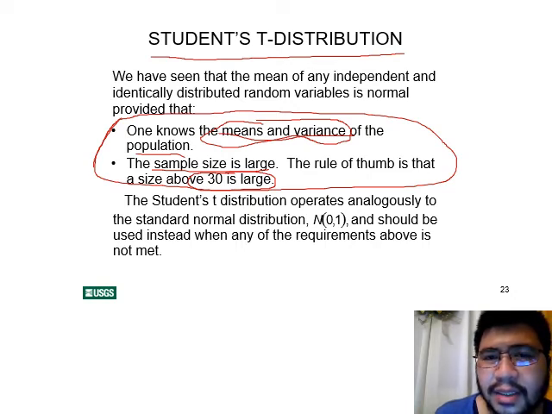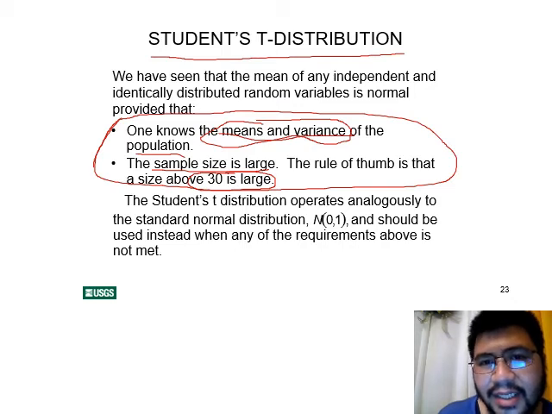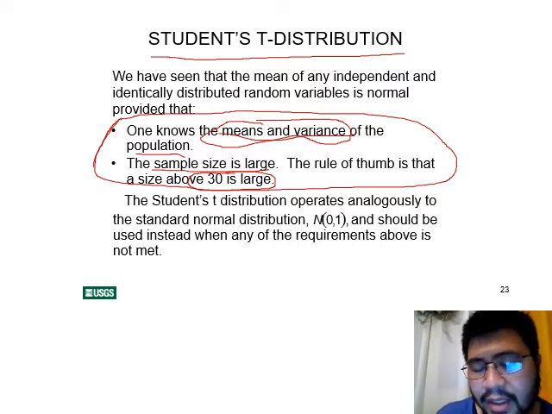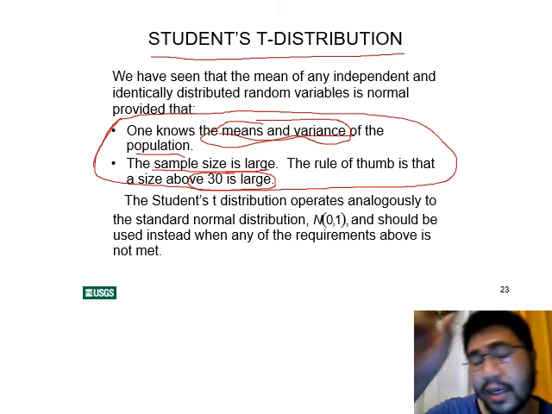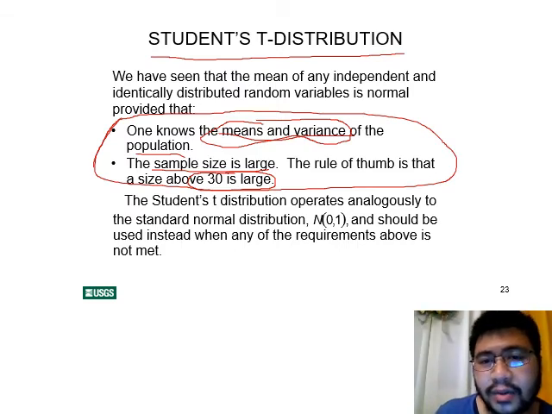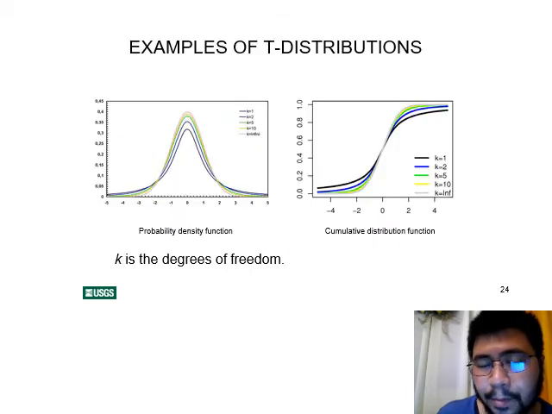Okay, so to compensate again for the uncertainties due to the small sample size and unknowns in the population, students T generally tends to have wider tails than a standard normal distribution. Okay, so generally its plot is more or less wider, so it makes room for more extreme values. Okay?